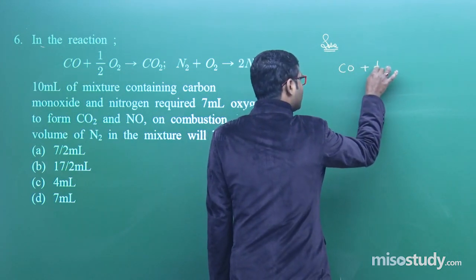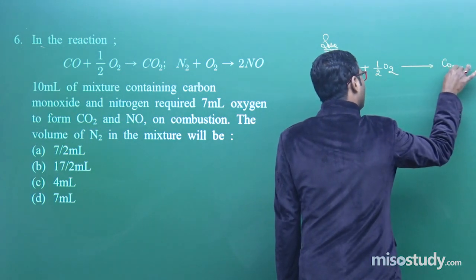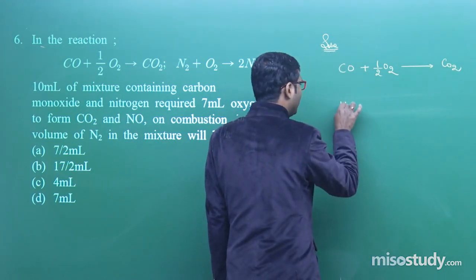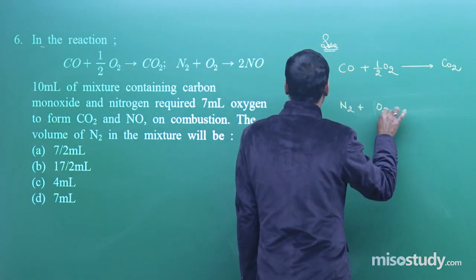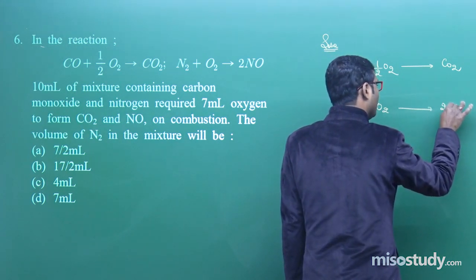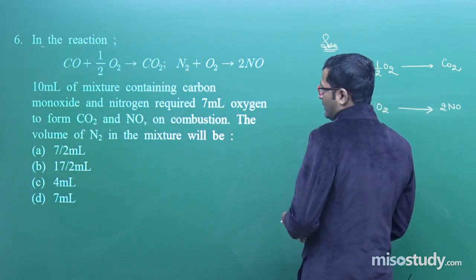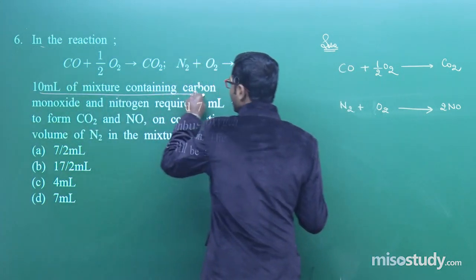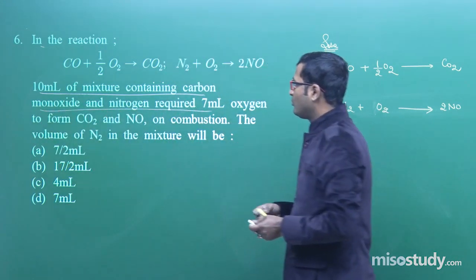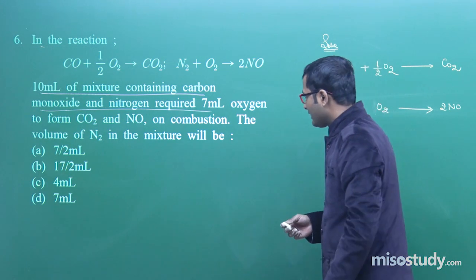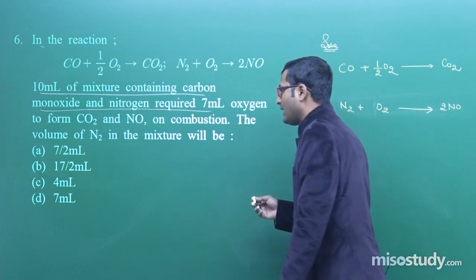CO plus half O2 gives you CO2, and N2 plus O2 gives you 2NO. 10 ml of mixture containing carbon monoxide and nitrogen required 7 ml of oxygen to form CO2 and NO.